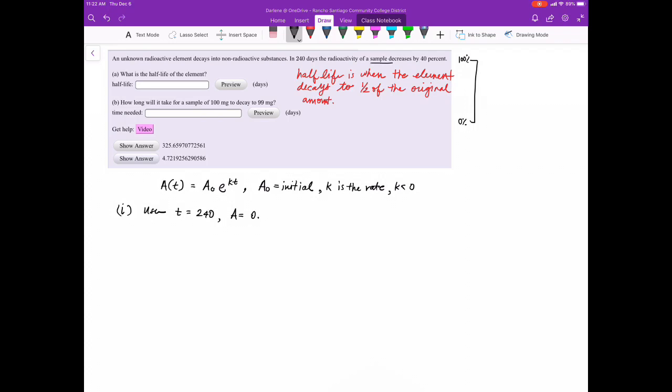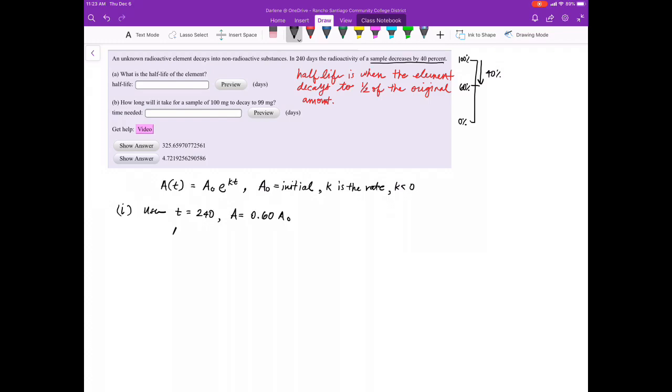If the sample decreases by 40%, that means it went from 100% and decreased by 40%, which means that the amount left in the element is 60%. So we have to make sure to understand what the given is giving us. It's not 40% of the amount. It means that the element decreased by 40%, which means that there's 60% left. So A would be 60% of the initial.